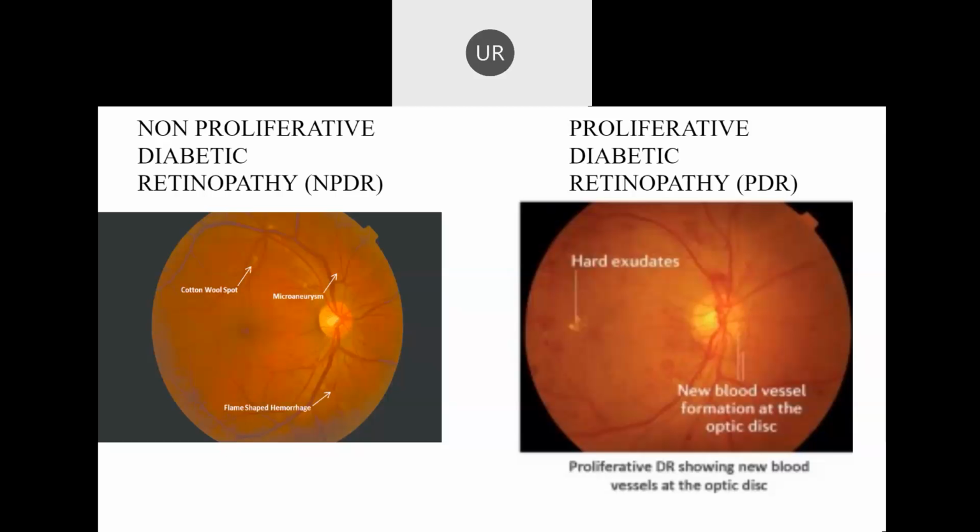They can have all the findings that can be present in non-proliferative diabetic retinopathy, with additional new blood vessel formation at the optic disc. In this picture, neovascularization is present in proliferative diabetic retinopathy.